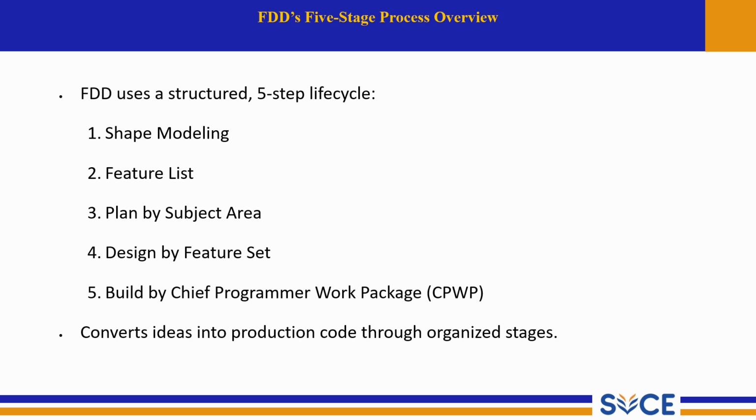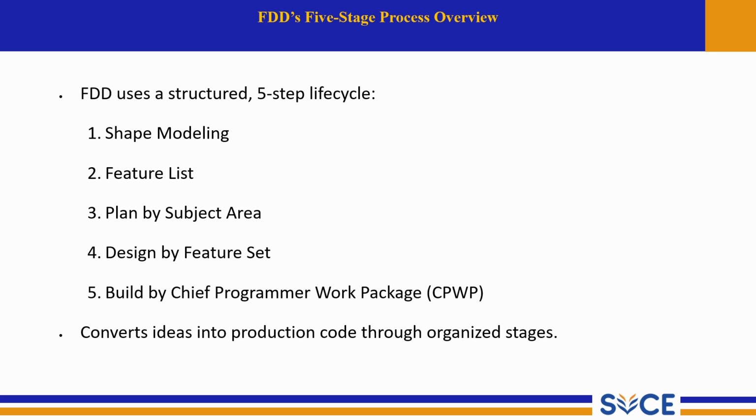Number 1 is develop an overall model, number 2 is build a feature list, number 3 is plan by subject area, number 4 is design by feature set, number 5 is build by chief programmer work package. So this converts ideas into production code through organized stages. So we have seen these 5 main stages of FDD.